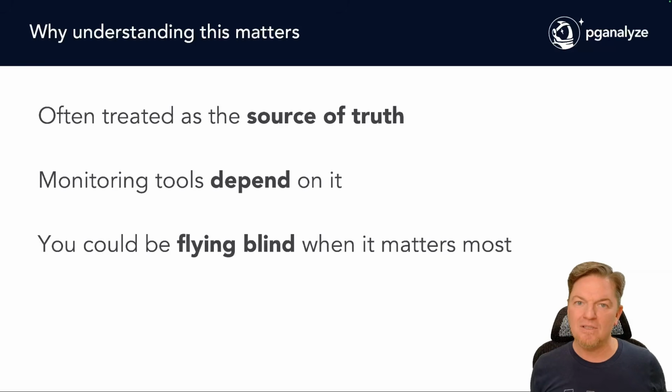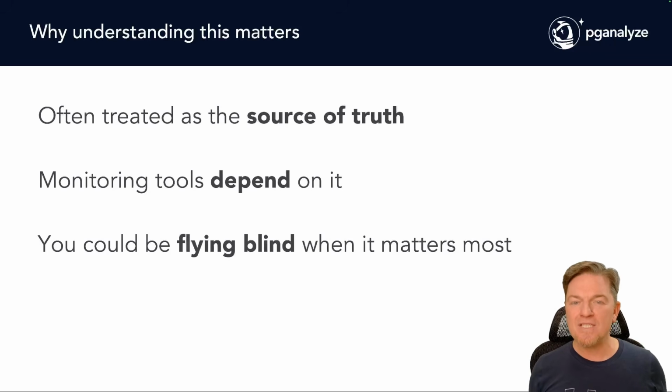That's not true. Monitoring tools depend on pg_stat_statements. It is the only query metrics view in Postgres available everywhere. And so every monitoring tool that is trying to help you learn what's happening with your queries over time is going to be sampling from pg_stat_statements.